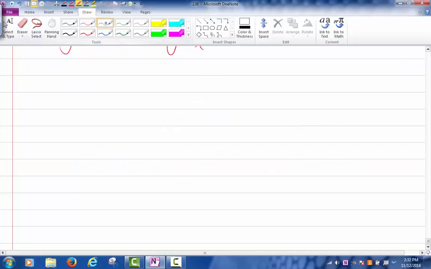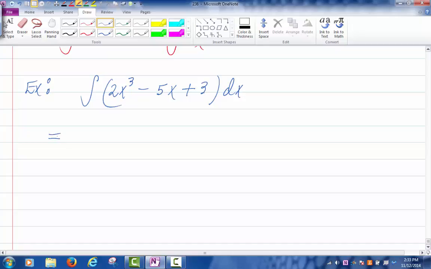Okay, so now let's look at the example that I wanted to do. My first example is what is the integral of 2x cubed minus 5x plus 3? Well, remember we said we can take the integral of a sum term by term.